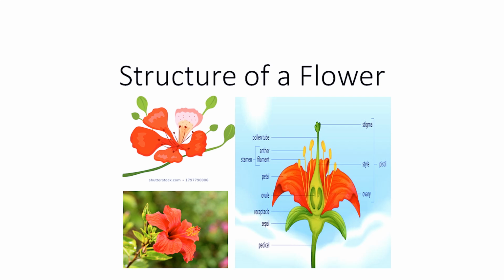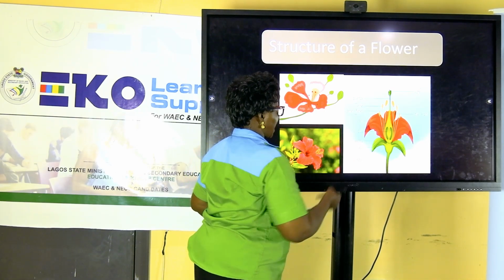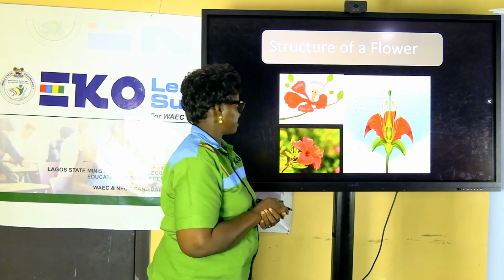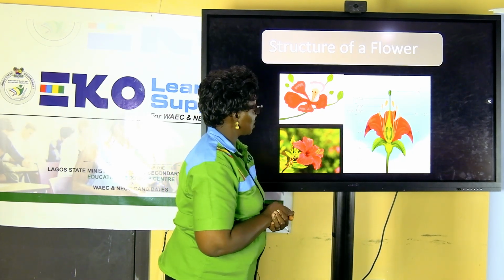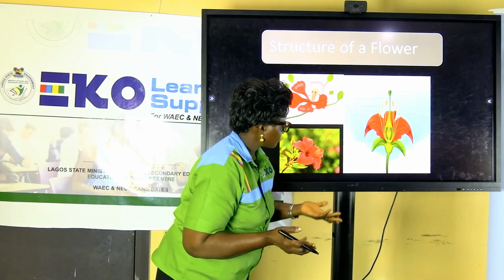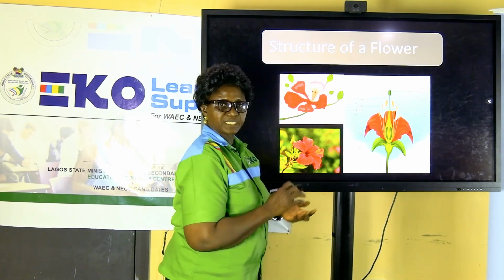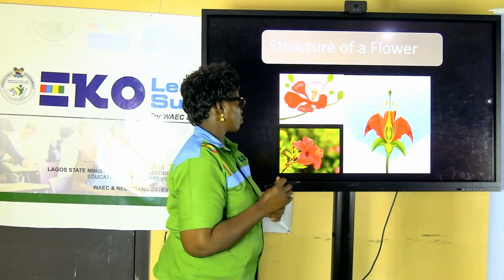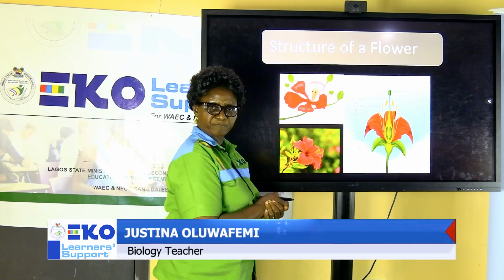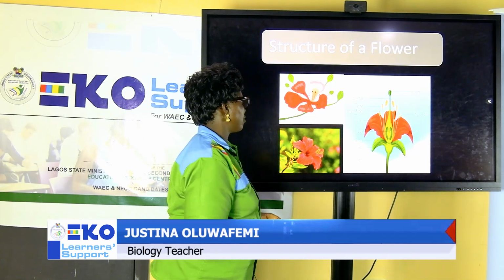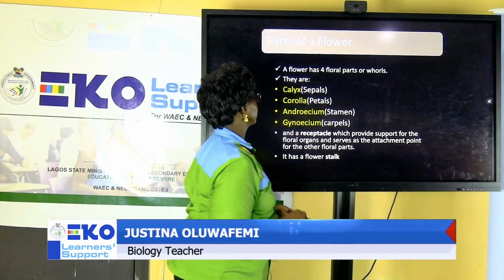We'll be looking at them as we progress with the lesson. We have pedicel, sepal, receptacle, a part called ovule, and petal. We have anther and filaments clustered together, which we call stamen. We have the pollen tube, stigma, style, and the ovary that form the female parts. So we'll be looking at the male part and the female part of a flower.